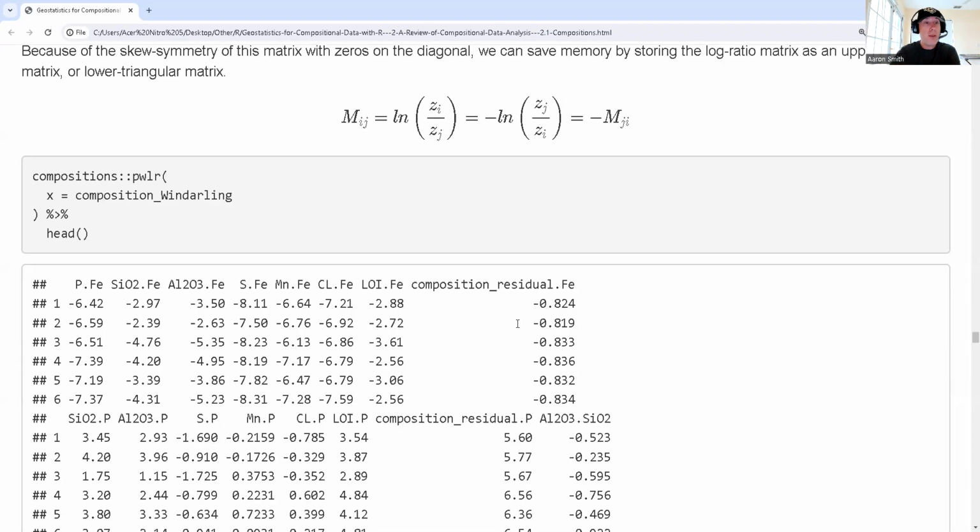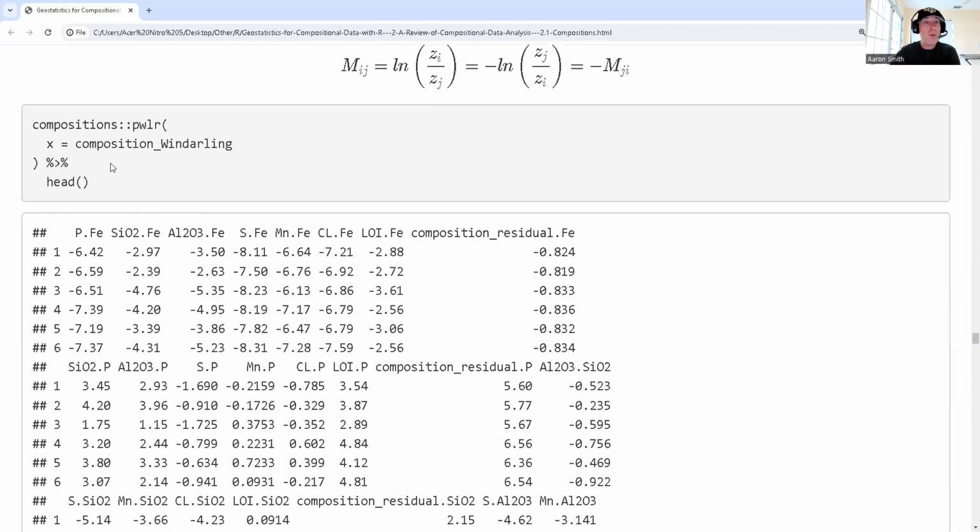All right. Now if I want to compute this, I can take the compositions from the Wine-Darling data set that we talked about in a previous video, and go through and take the composition. When I do this, you can see that I have a combination of values giving me the ratio of these all the way across.